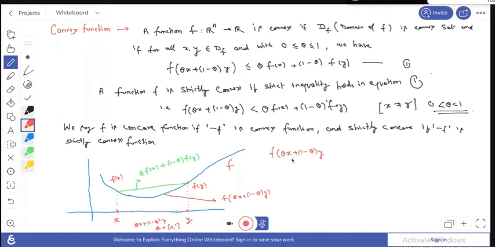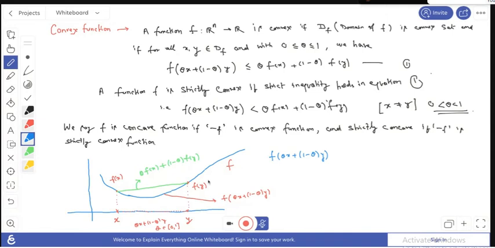Okay, and the image of that is simply represented by the curve, and this image is basically represented by this blue line. Okay, the blue line represents f of theta x plus 1 minus theta of y.